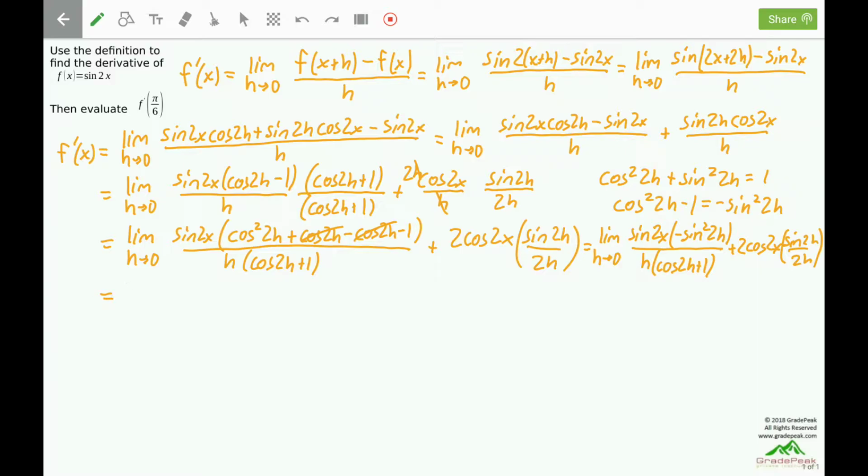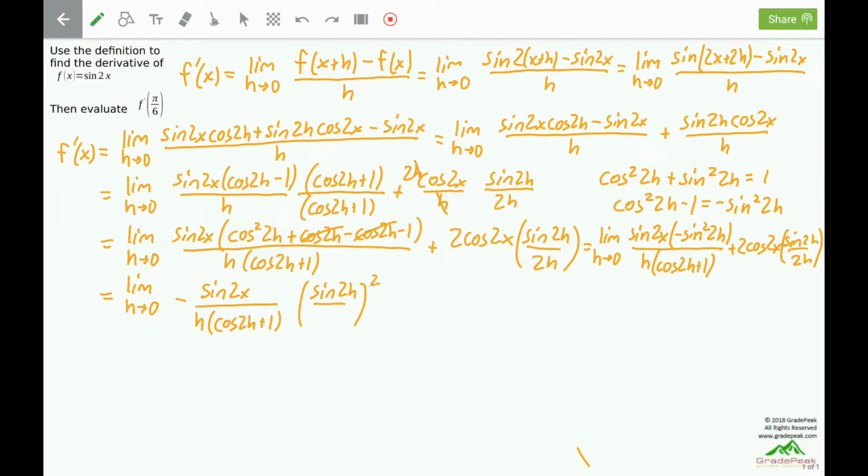So my first fraction now also has sine of 2h's that need to be isolated. I have a negative in the numerator multiplying, so that negative will just be in the front. I'm going to have a sine of 2x. I'm going to have an h, a cosine of 2h, and a plus 1. And I'm going to isolate the sine of 2h.